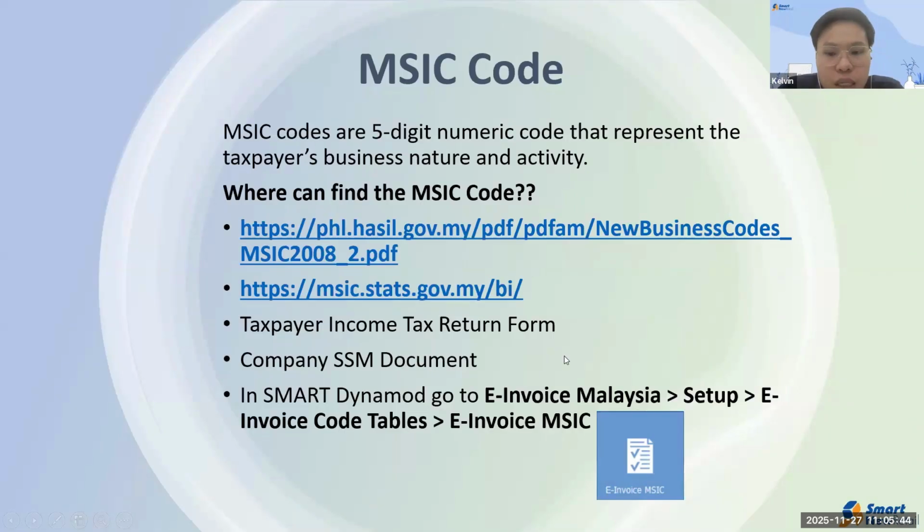So how do we set up the MSIC codes? All right. So in Dynamod, you can follow this step. You can go to the e-invoice Malaysia panel, set up e-invoice codes table, and click e-invoice MSIC.